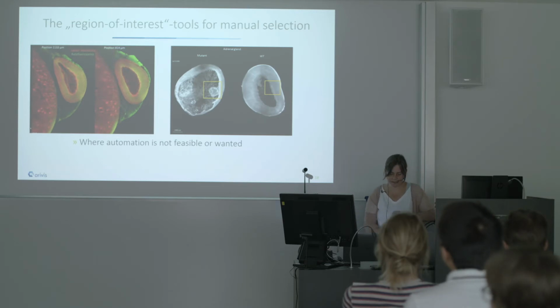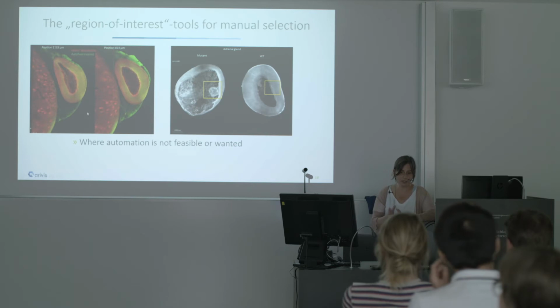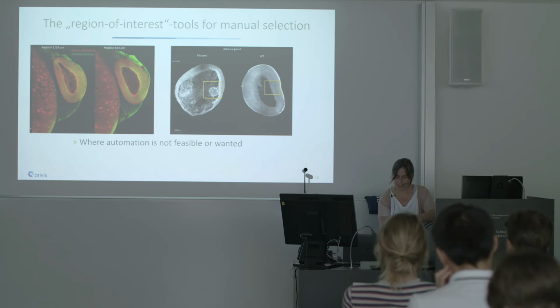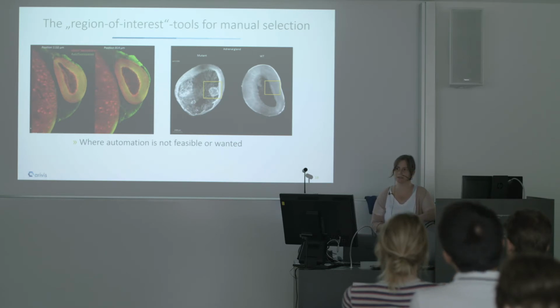It is what Ali referred to as sometimes you want to look at normal versus abnormal, or in this case it's a tumor model. If you wanted to depict the regions of interest here, the tumor inside, it is probably feasible to do this in an automated mode, but if you have to be precise, you'd rather do this by hand.